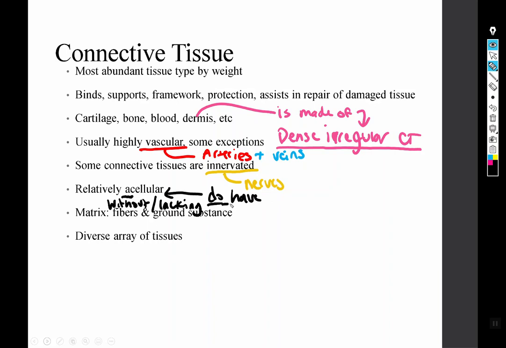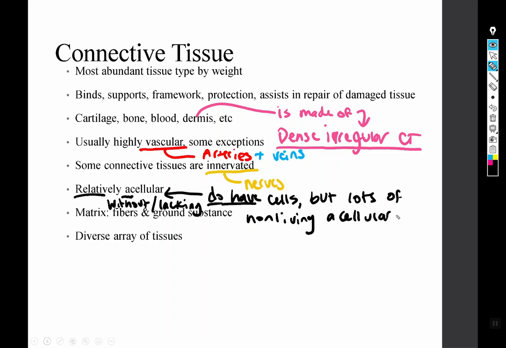It's not the fact that they're completely lacking cells, so it says relatively here. They do have cells, but lots of non-living acellular space between those cells.